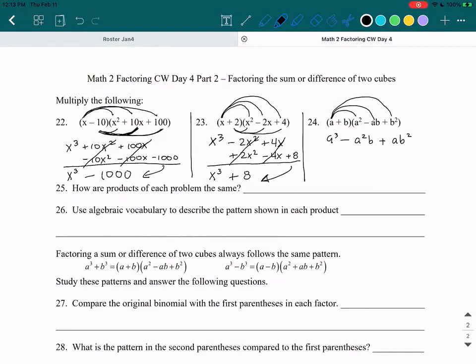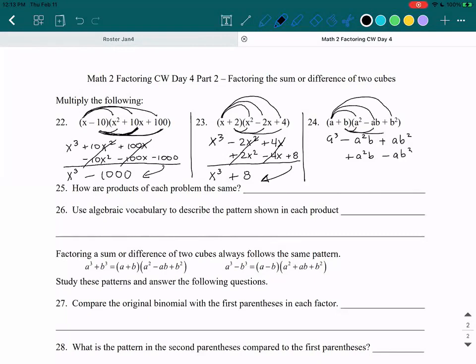And then we're going to do the same thing with the b. So distribute b times a squared is going to give us plus a squared b. I'm just writing in alphabetical order, so I put the a before the b. Then the b times the minus ab, that gives us a minus ab squared.